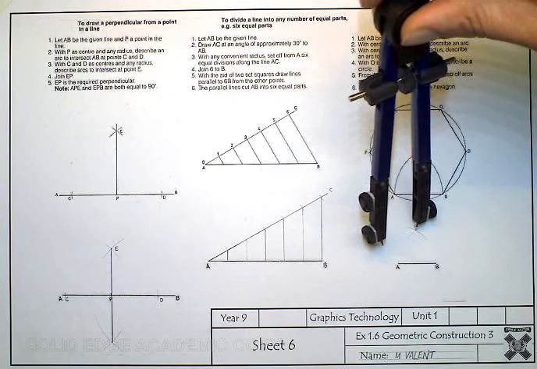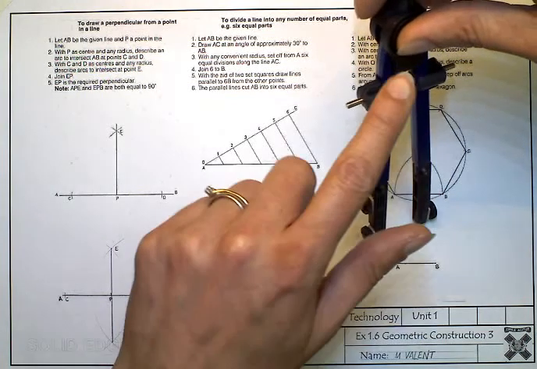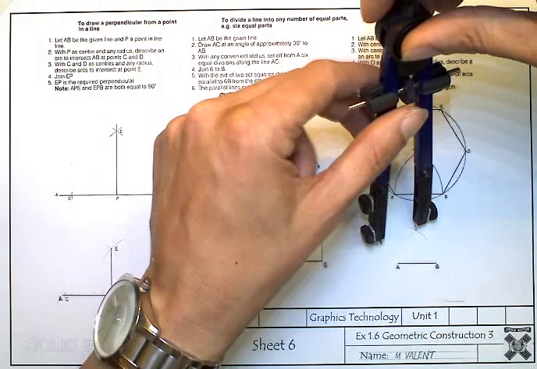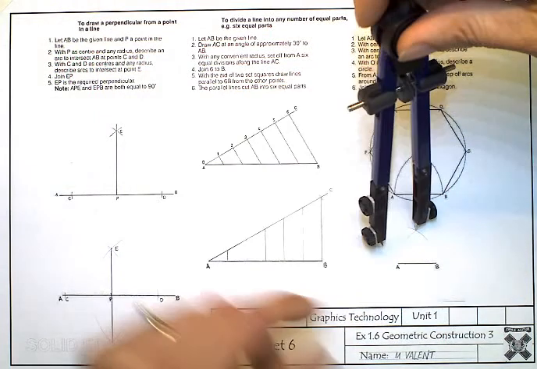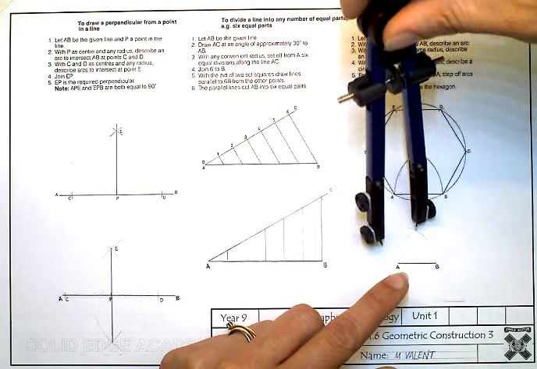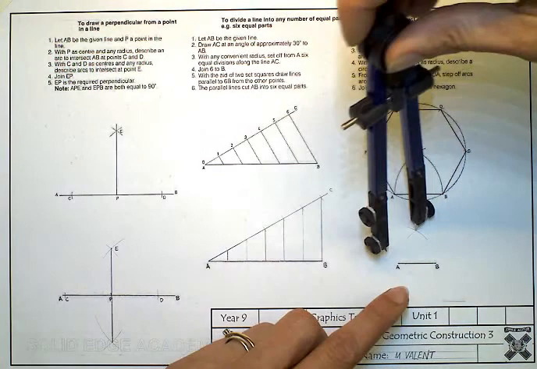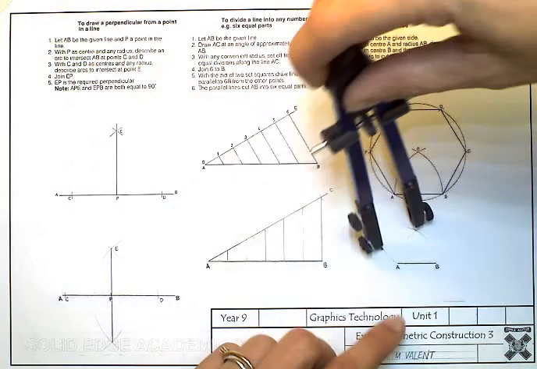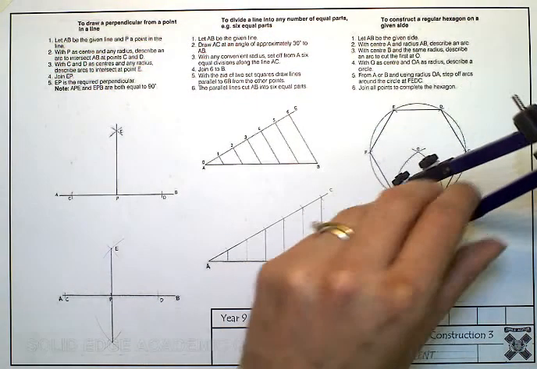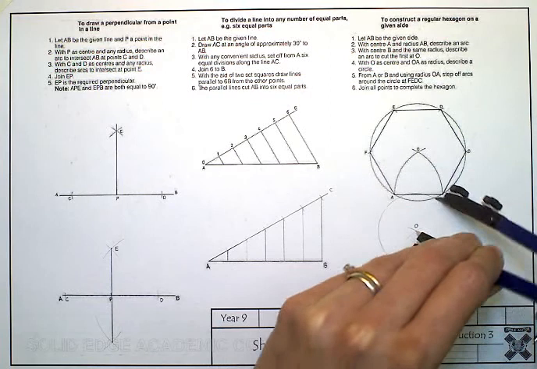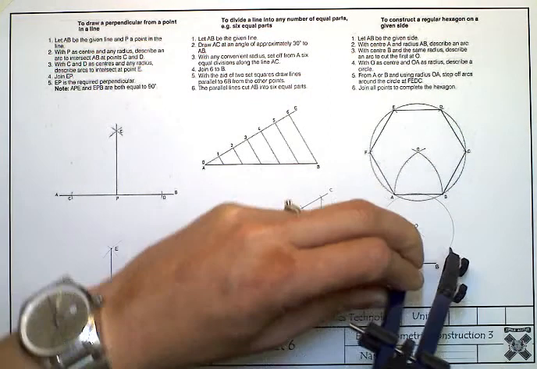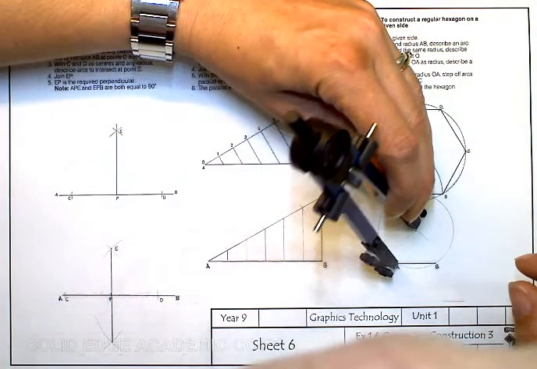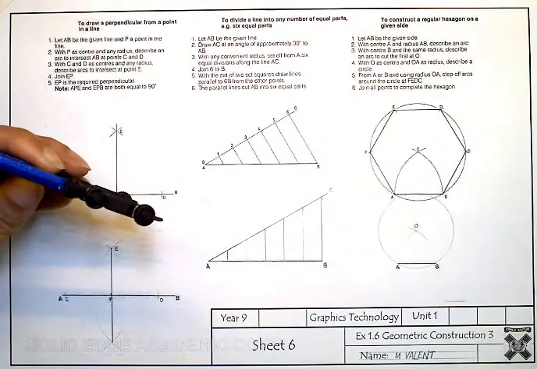So I'm going to rest my finger in the top of the compass. There's a little bit of a circle there, and I'm going to tilt it into the circle I'm about to draw and sweep it round. The tilting of the compass makes it a lot easier to draw. Okay, so there it is.